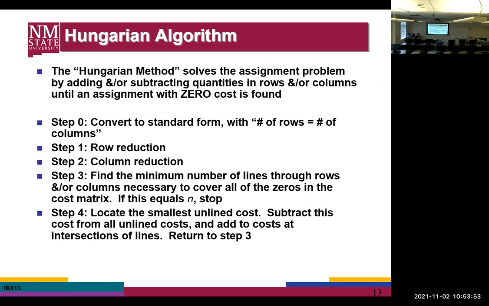Otherwise, the Hungarian method or algorithm might give you the wrong solution. So if the total number of rows and columns in the given cost matrix are unequal, then you have to add what are called dummy rows or columns before it is solved by the Hungarian algorithm.